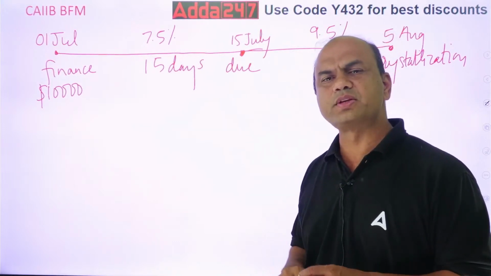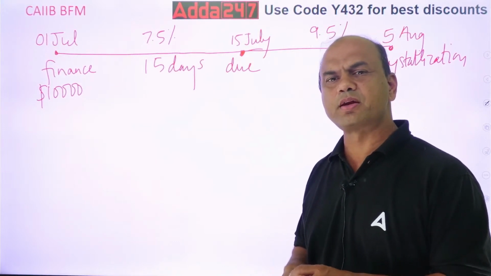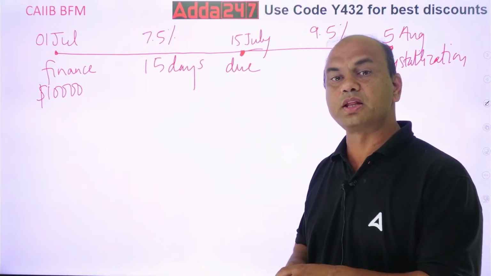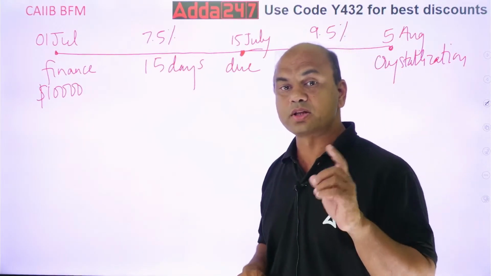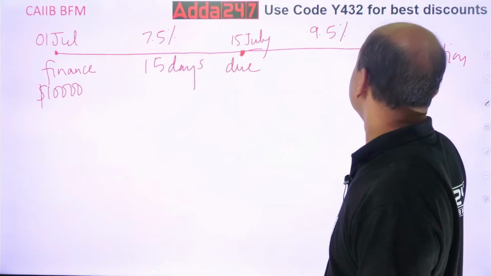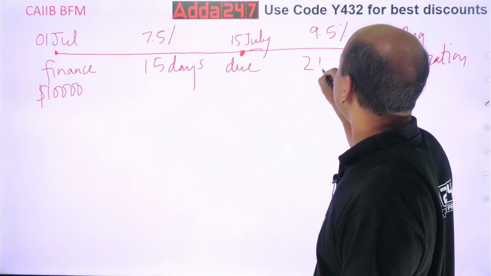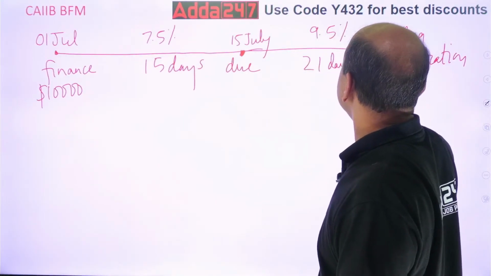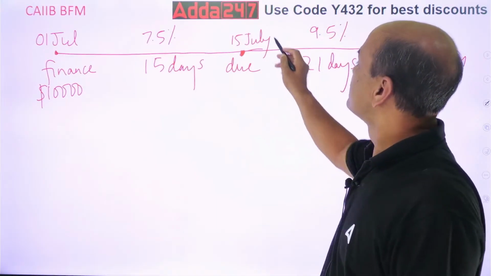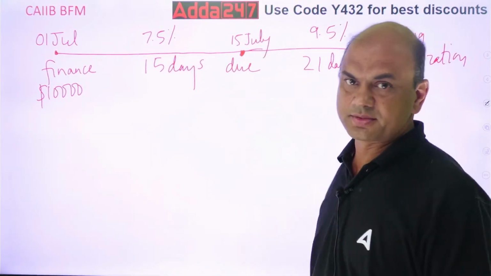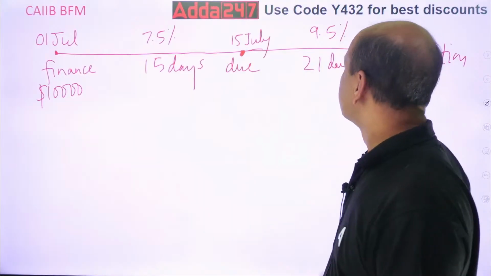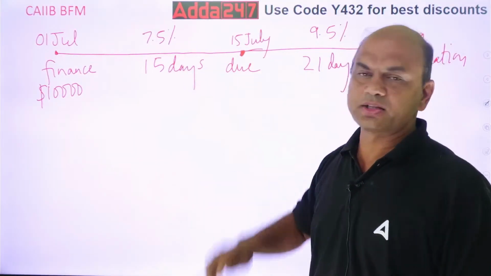July has 31 days, so this will be 21 days, not 20 days, because July is of 31 days. So 21 days over here and 15 days over here.